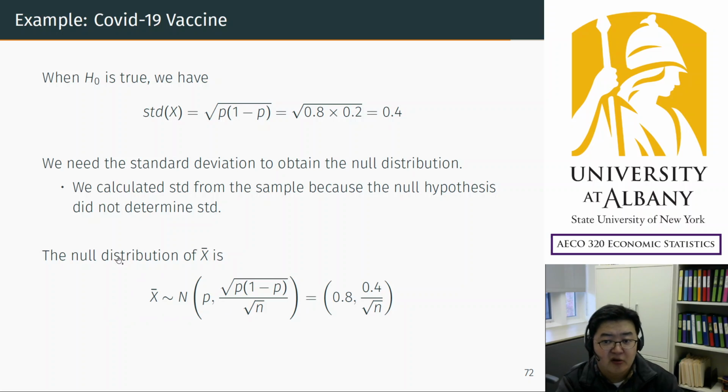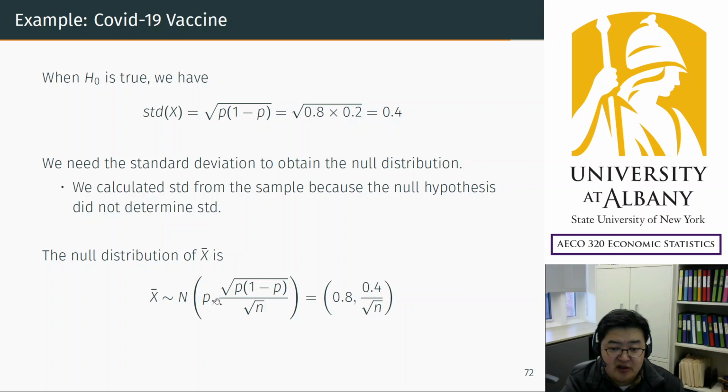Remember, the sampling distribution is based on your null hypothesis. Earlier, we calculated standard deviation from the data because at the time, the parameter, your belief, did not imply any specific standard deviation.